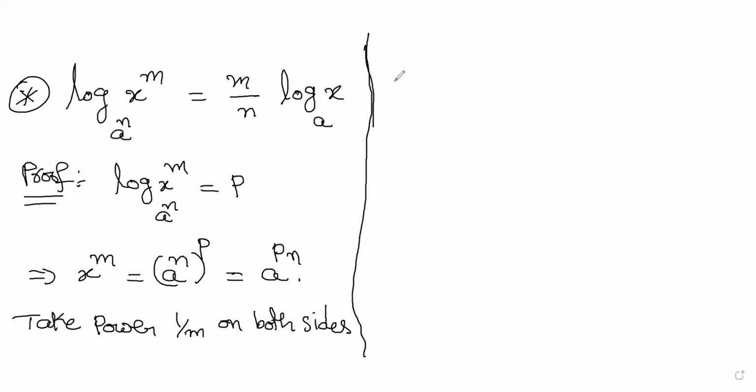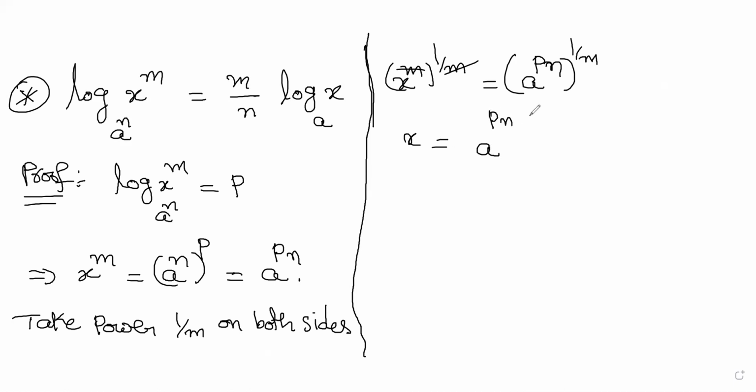So what happens is x power m whole power 1 by m is equal to a power pn whole power 1 by m. Like this you can write. M gets cancelled. So I have x is equal to a to the power of pn divided by m. This is what we get. So you take the definition of logarithm: pn divided by m is nothing but log x to the base a.